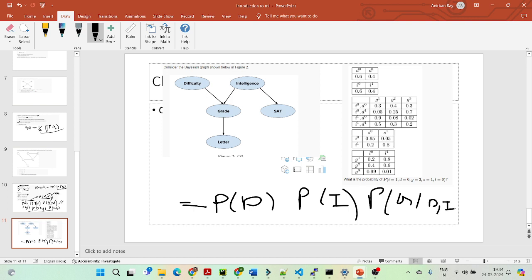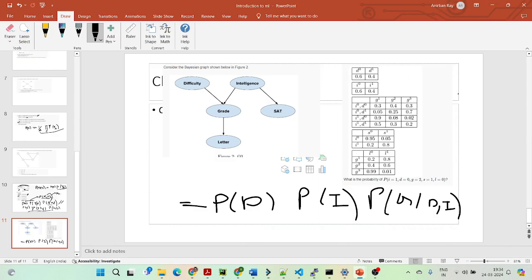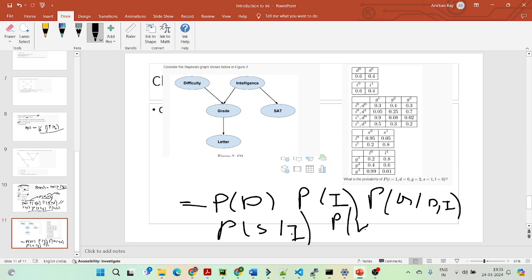You can very easily write this one. Then P of S given I, P of L given G. So the joint distribution can be broken like this.